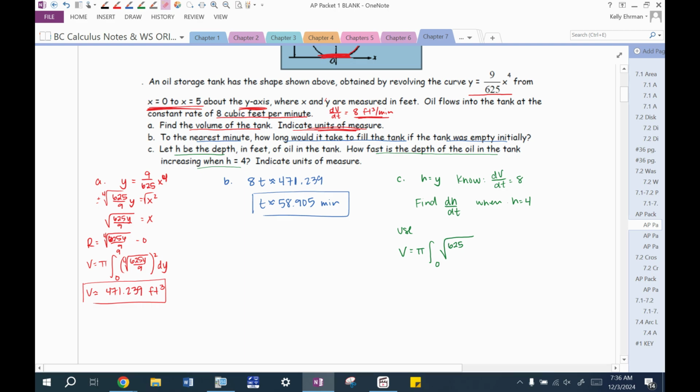We're not going 0 to t. We're going 0 to h. There we go. The reason they gave us the h instead of the y is because we're going from a height of 0 to a height of h. The oil is filled anywhere between the bottom and the top. And we can still have y in here temporarily.